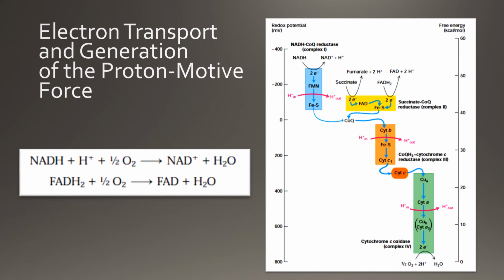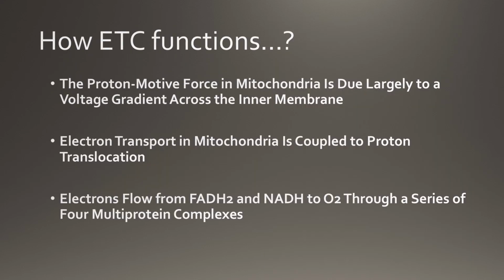I also consider how mitochondrial oxidation of NADH and FADH2 is controlled to meet the cell's need for ATP. In the electron transport chain, mainly we discuss three topics.